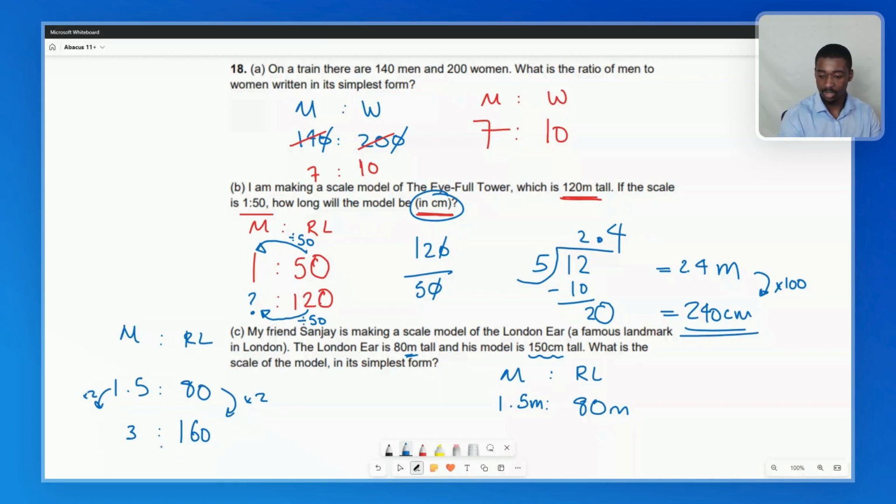We can't divide 160 by 3 into a whole number. And therefore, the simplest form of this ratio is 3 to 160, model to real life.